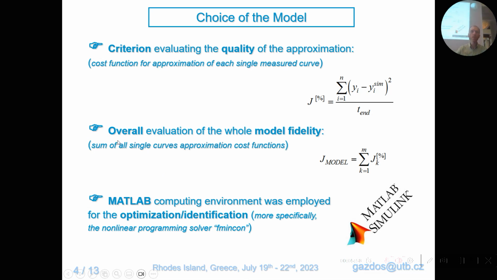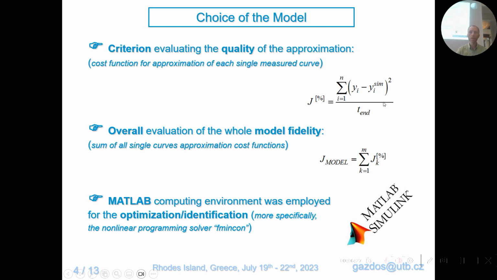When we approximated the single curves, we used this simple criterion to assess the quality of approximation. So that's like least squares. There is a difference between the measured and simulated points squared and normed to the time we used for the approximation.